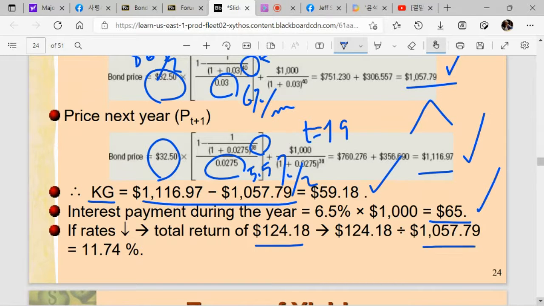And then, to buy this bond, you had to pay this price. So you divide that by the price. This is your holding period return, right? The holding period return will be 11.74.